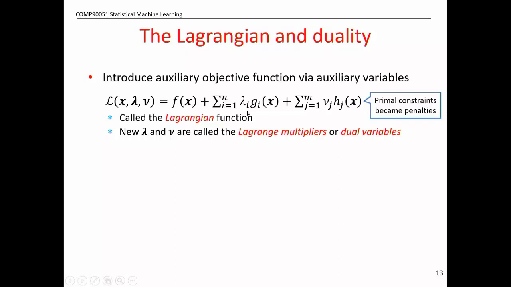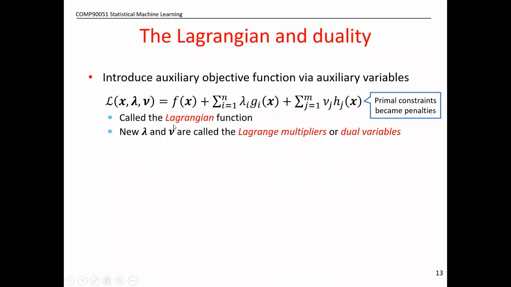So if we crank up lambda and nu, right? If we really crank it up a lot, like imagine taking it to infinity, then we're not going to violate our constraints, right? It doesn't matter how good our objective looks if we deviate from our constraints. We're not going to do it if the penalties are big enough. So the idea is we're introducing more variables, which sounds painful.